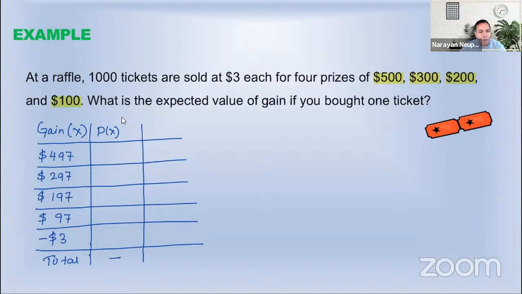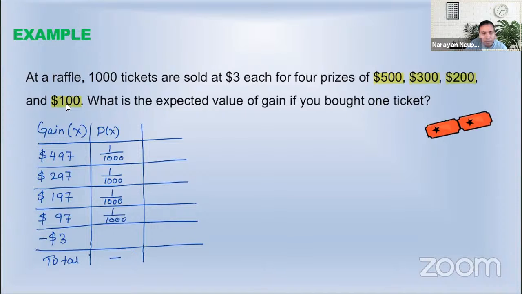Now, probability will be only one person will get this $500 prize. So it will be 1 out of 1,000. Only one person will gain this $300. So the probability will be 1 out of 1,000 again. Similarly, the next one is only one person will get 1 out of 1,000. Next one also, only one person will get 1 out of 1,000.